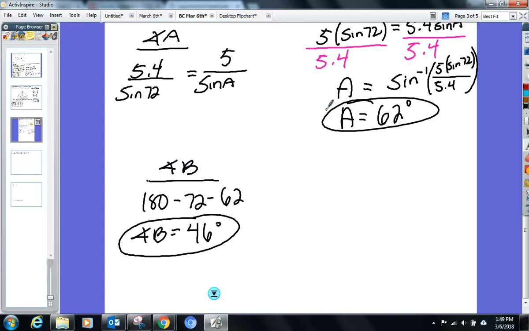All right. Let's see, 2, 4, 6, 8, 10, 12, 14, 16, 18. Count off by sixes for me. Here we go. I don't care who starts.